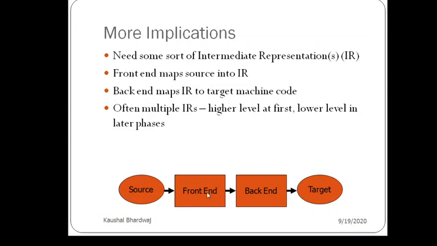These phases will map the source program into an intermediate representation, and then the backend will take this intermediate representation and map it to target machine code. This can be machine code directly, meaning zeros and ones, or it can be another language also. Often multiple intermediate representations are possible, maybe a higher level at first and lower level in later phases, and so on.